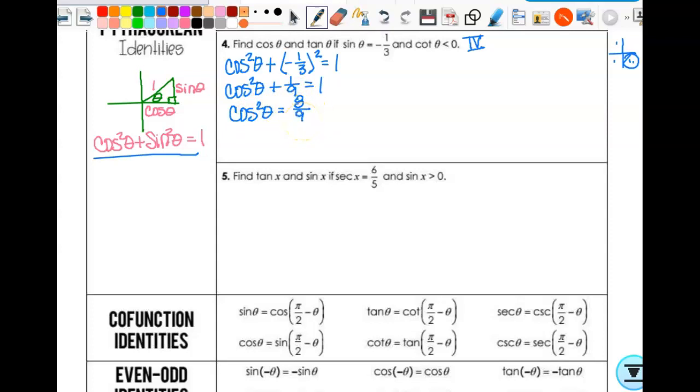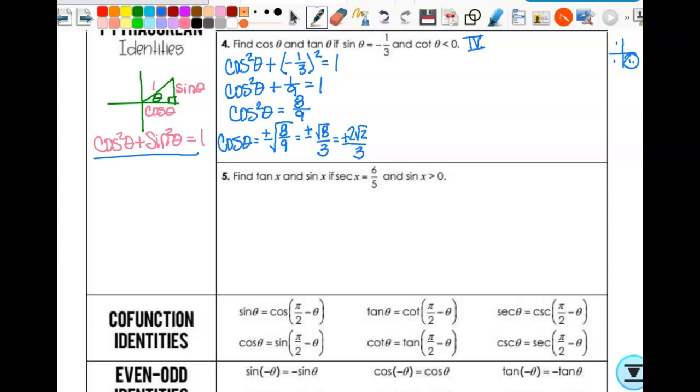Then I take the square root of both sides, so cosine theta equals plus or minus the square root of 8/9, which gives plus or minus 2 square roots of 2/3. But then you have to decide, is it plus or minus?